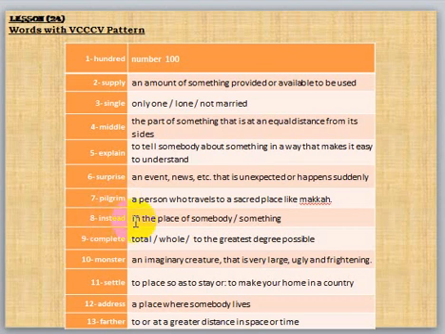Number 8, instead means in the place of somebody or something. It's very easy. Number 9, complete. Complete means total, or whole to the greatest degree possible. That means it's complete.